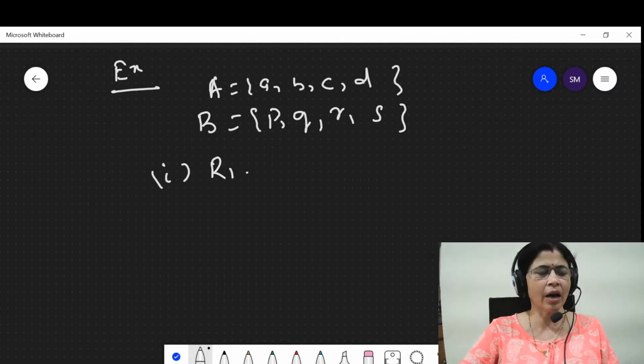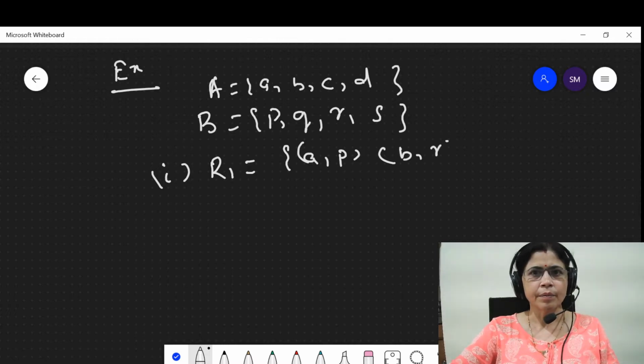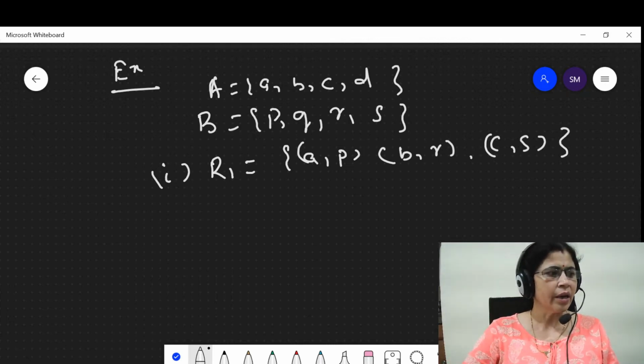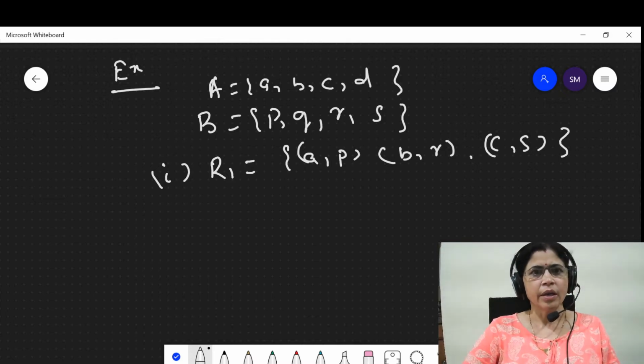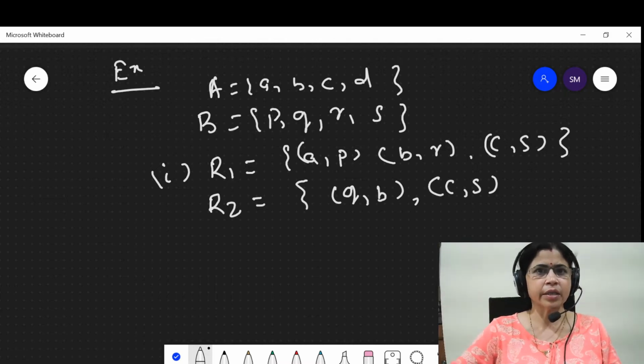Suppose I say R1 is the set AP, BR, CQ, CS. Then R2 is a set QB, CS and DR.